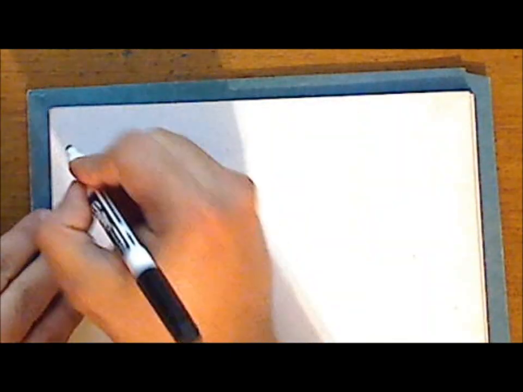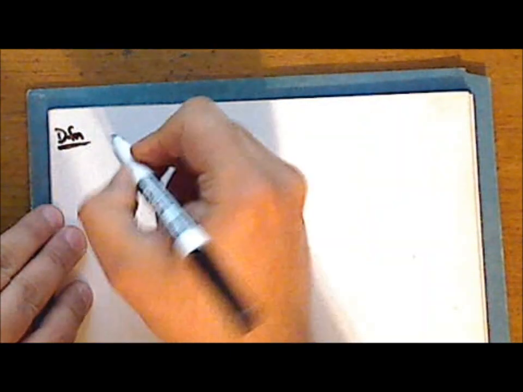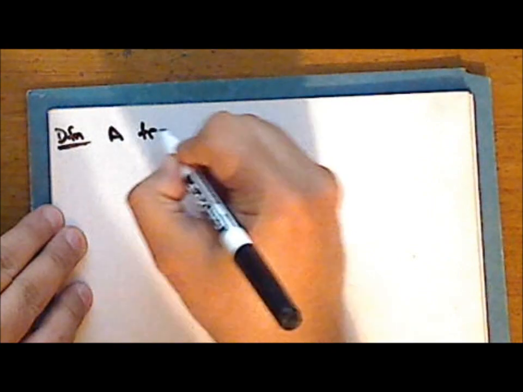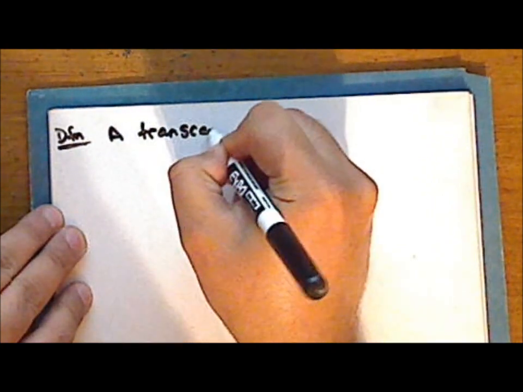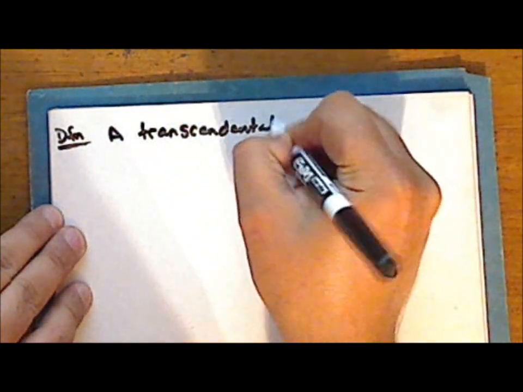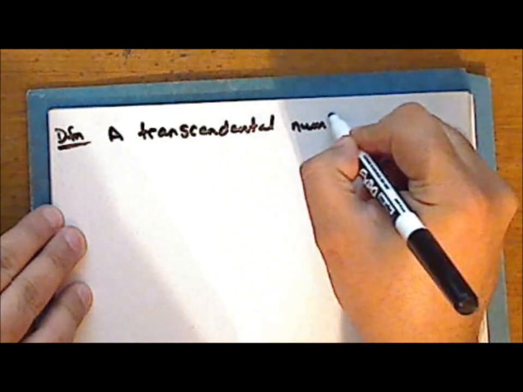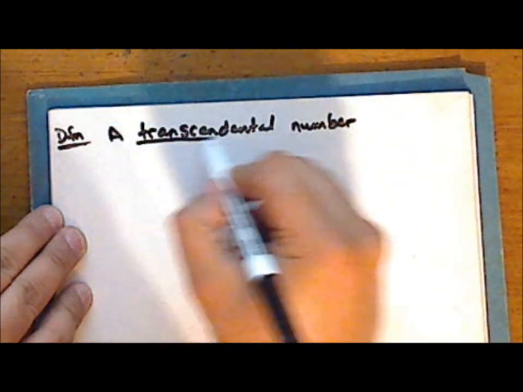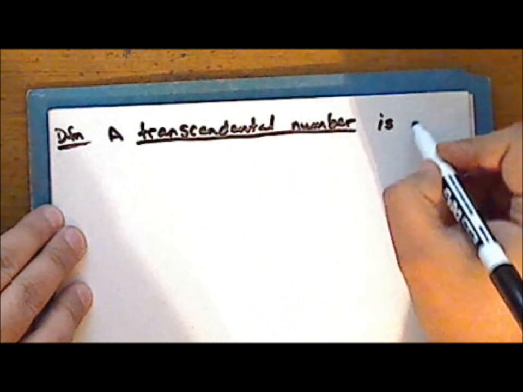So in contrast to the algebraic numbers, we have the transcendental numbers. And a transcendental number is a number that is not algebraic.